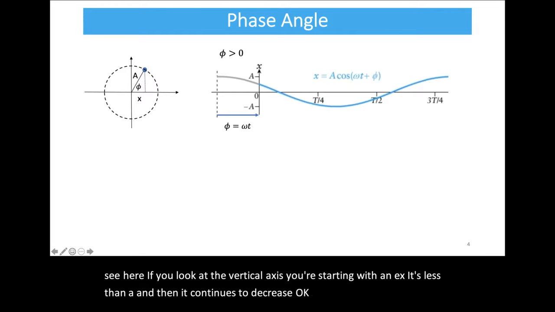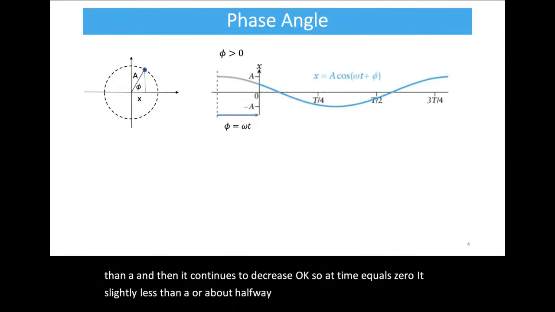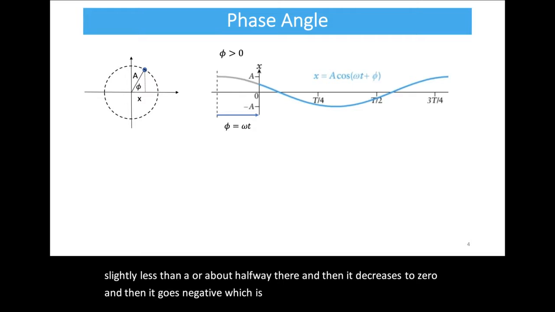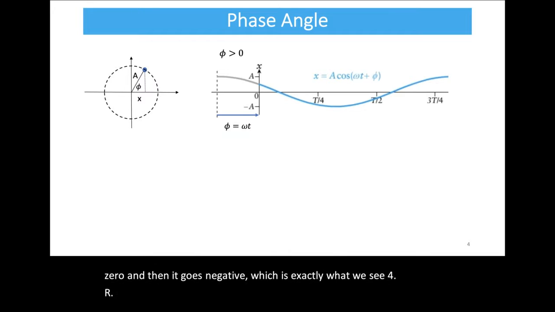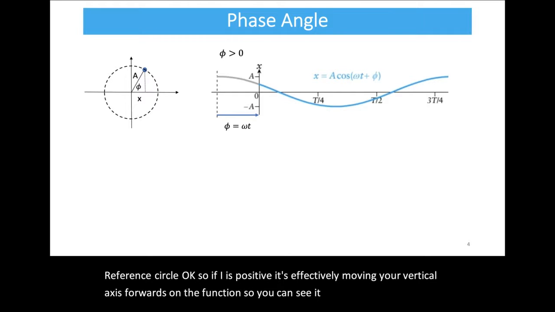At time equals 0, it's slightly less than a, or about halfway there, and then it decreases to 0, and then it goes negative, which is exactly what we see for our reference circle. So if phi is positive, it's effectively moving that vertical axis forwards on the function. You can see it moved forwards on the cosine function.